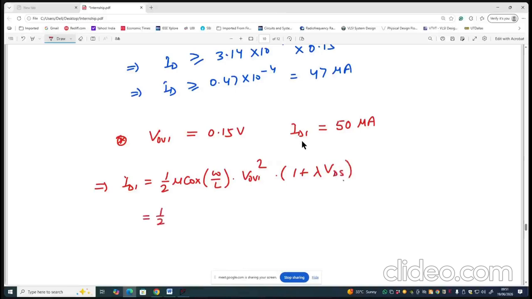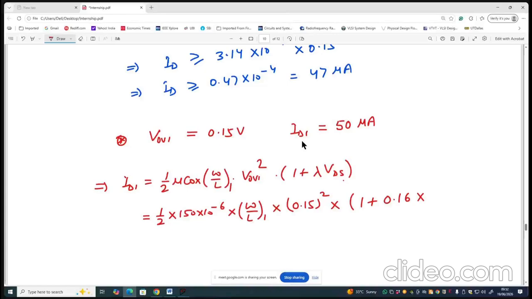So half into, what was the value of mu Cox? 150 into 10 to the power minus 6 into W upon L, which we have to actually find. W upon L1 into 0.15 square into 1 plus lambda, which is 0.16, into VDS of M1. Suppose we want V out to be 1 volt, so VDS will be 1 volt. You understand?